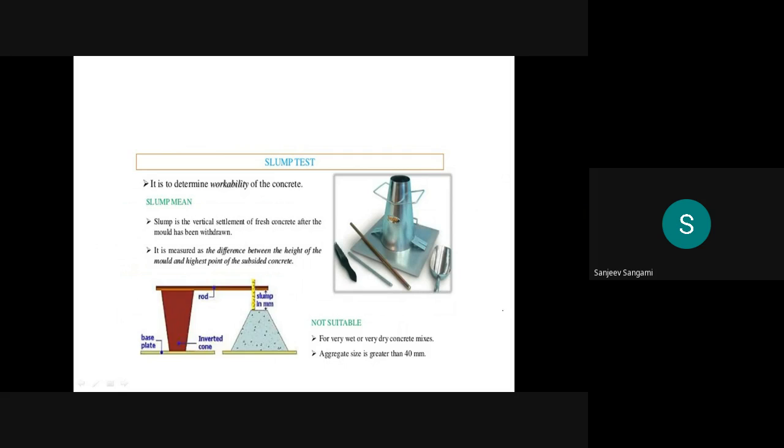It is not suitable for very wet and very dry concrete mixes. It is not suitable when aggregate size is more than 40 mm, because the slump will break if you use aggregate larger than 40 mm. It is suitable for concrete of medium to high workability.